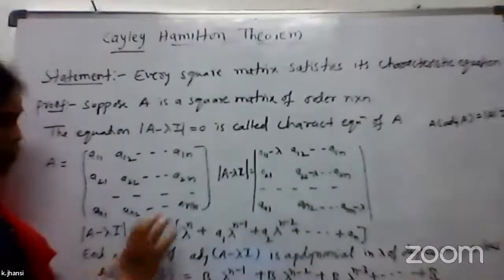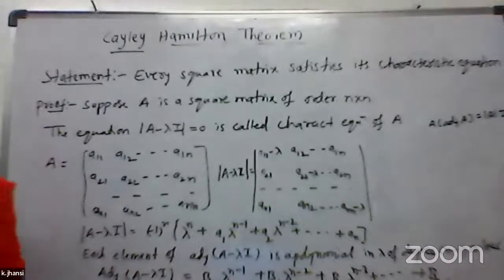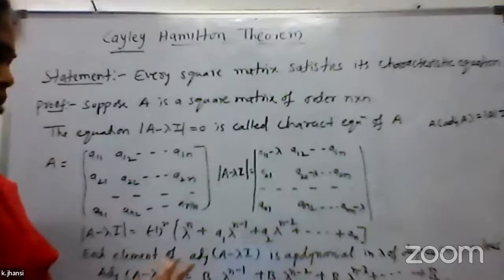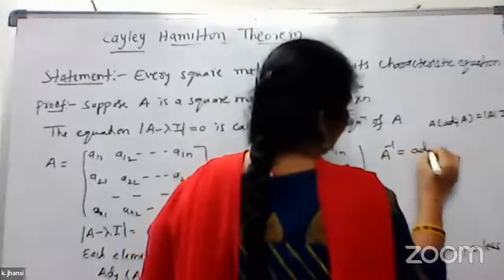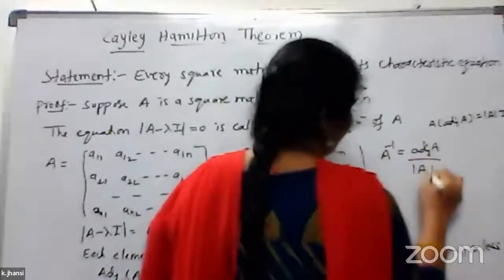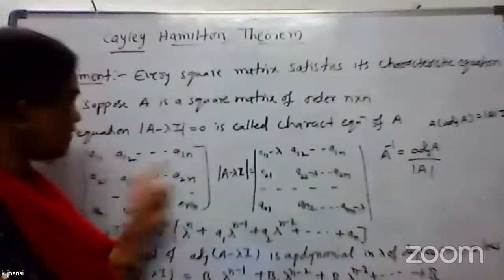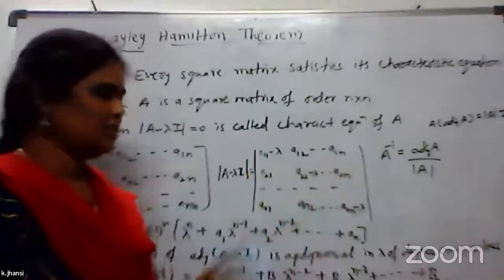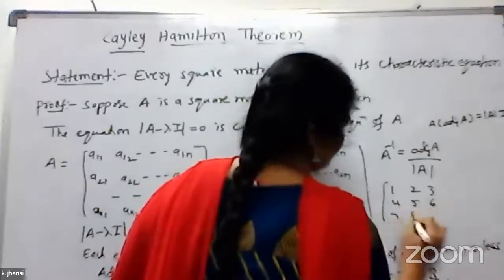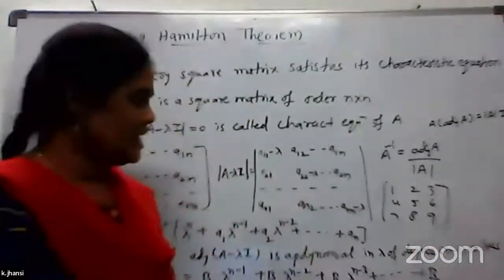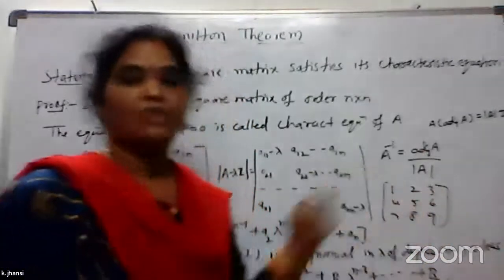So to show this, if you have an idea, the adjoint of a matrix will be used. In matrices, when you have studied, A inverse is there, no? For finding A inverse, we use A inverse equals the adjoint of matrix A divided by the determinant of matrix A. Adjoint of a matrix means, if it is a 3 by 3 matrix, if you take any matrix like this, for each and every element of the matrix, here 9 elements are there, we'll find the minors.